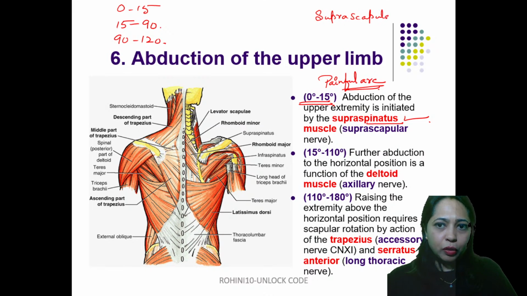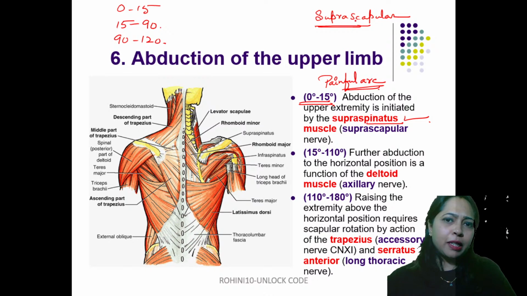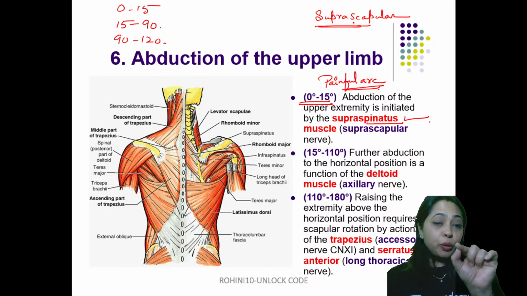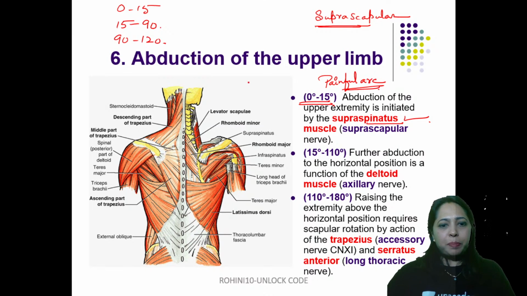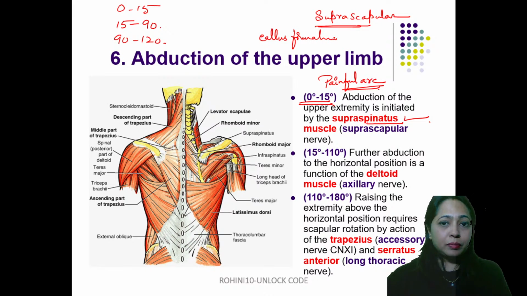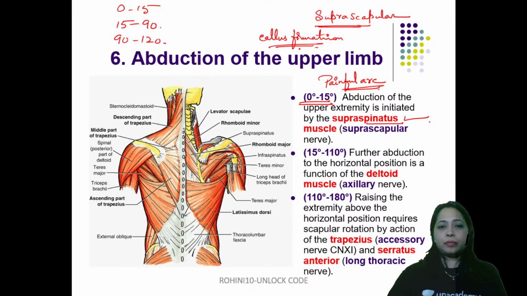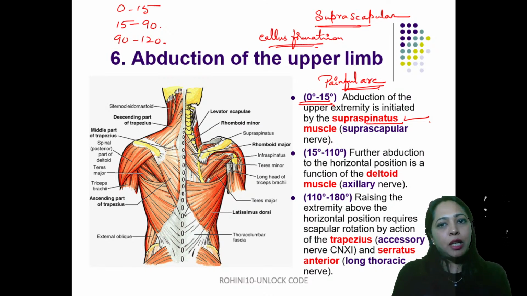Suprascapular nerve. There is always a chance of damage to the suprascapular nerve because it has a very unique course, because it passes through a small notch, and whenever there is a bursitis, a callus formation, or a bony spur formation, this nerve can easily get compressed.